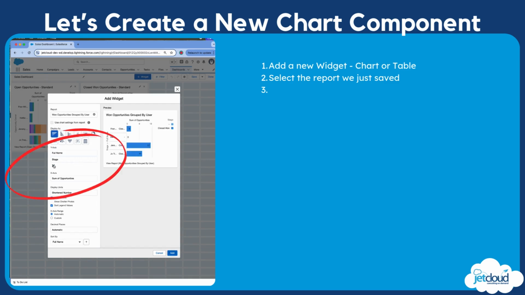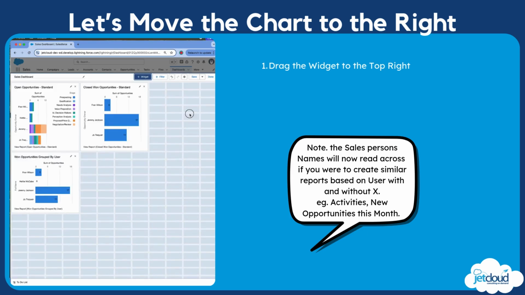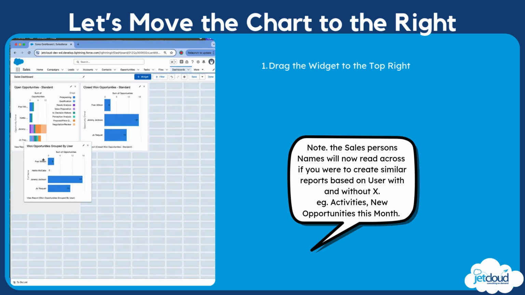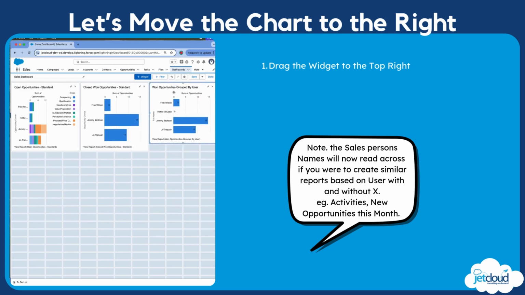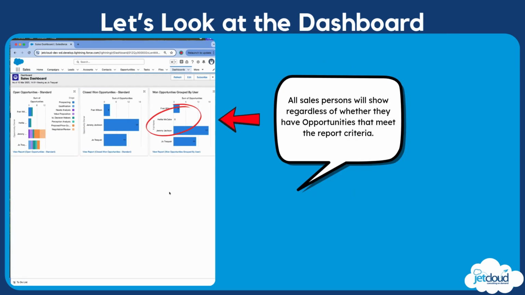I'm going to show in here the person who has closed the opportunity, how many they've closed, and there it is. And so if I put that chart over here, it lines up, which should line up with the first chart that we've got. Okay, so I can see all of the salespeople in the opportunity report, regardless of whether they've got any opportunity.